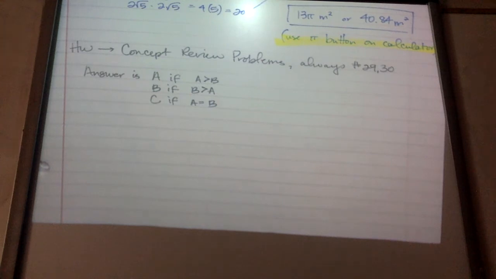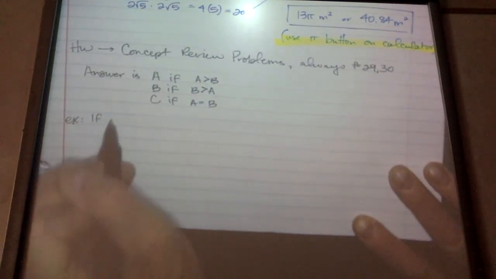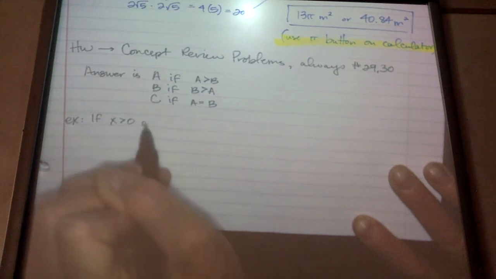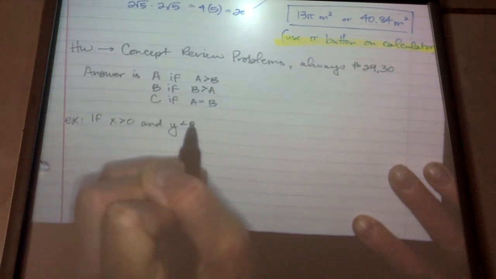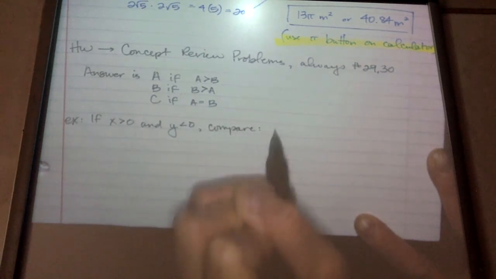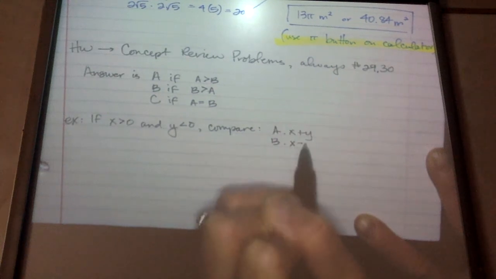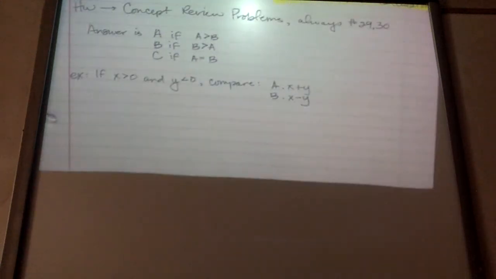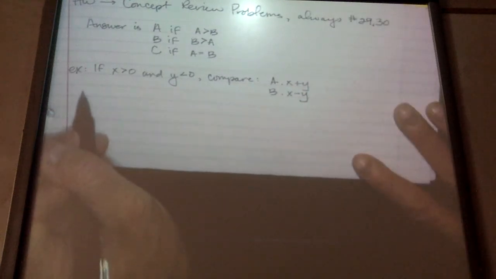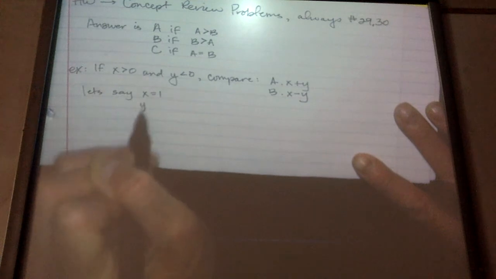Okay, so for example, if X is greater than 0 and Y is less than 0, compare A, X plus Y, and B, X minus Y. So for a problem like this, you would literally use some real numbers. So I would say, okay, let's say X equals 1 and Y equals negative 1.